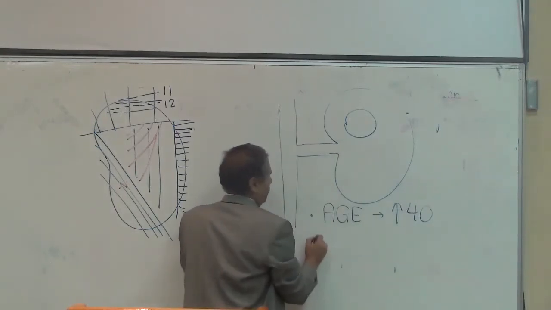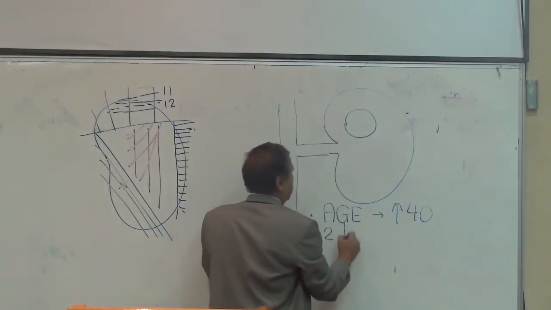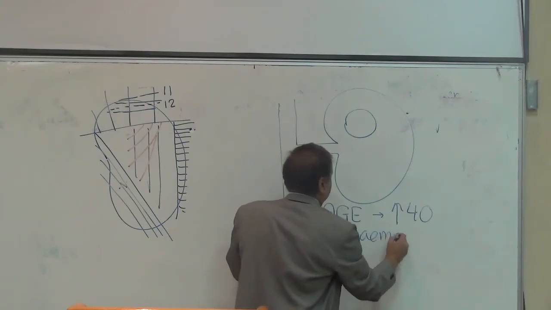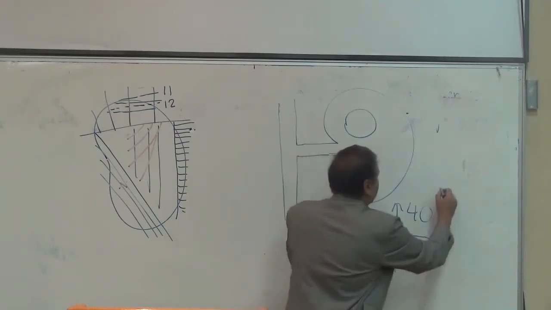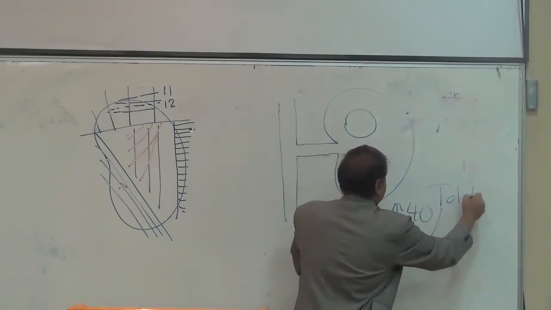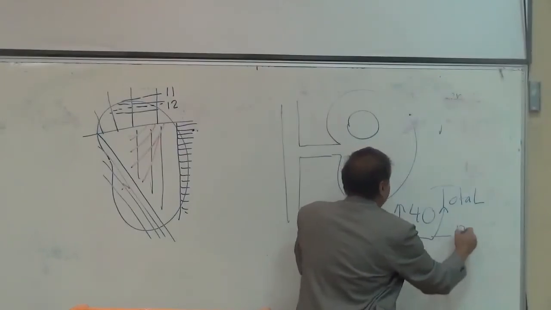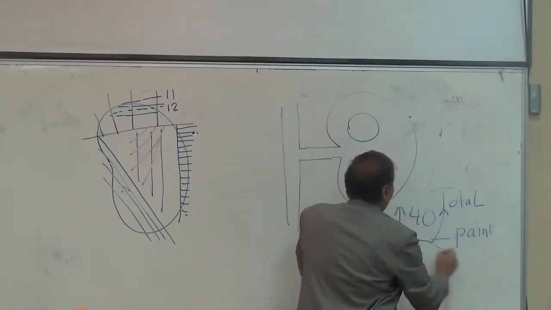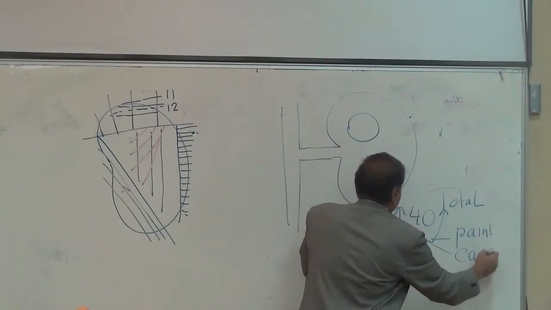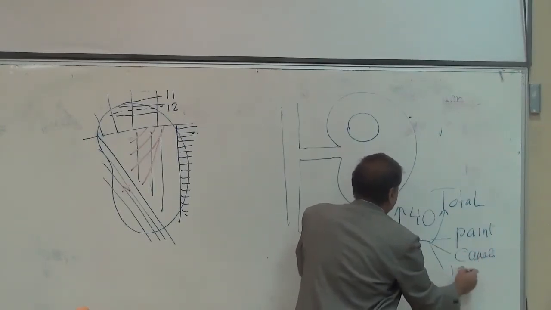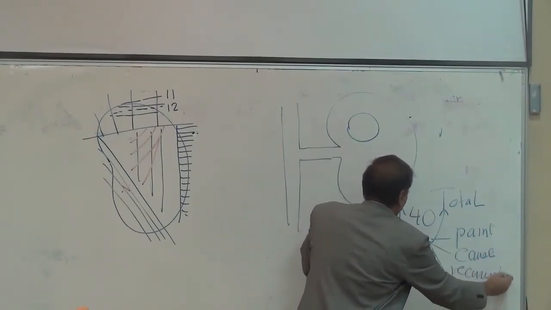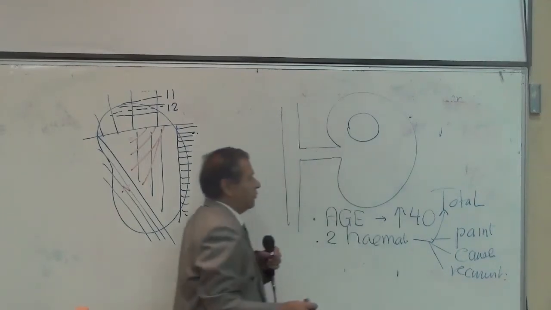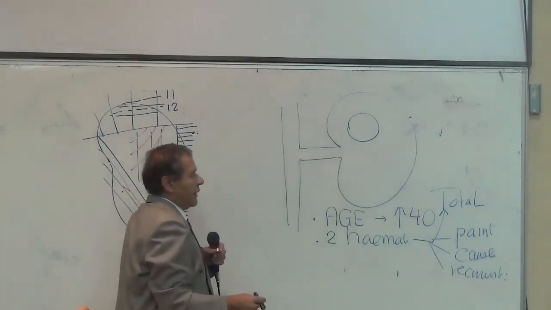Number two, the patient complains of hematuria. The characteristic of this hematuria is total hematuria, painless hematuria, causeless hematuria, and recurrent hematuria. This is characteristic of hematuria of a malignancy.